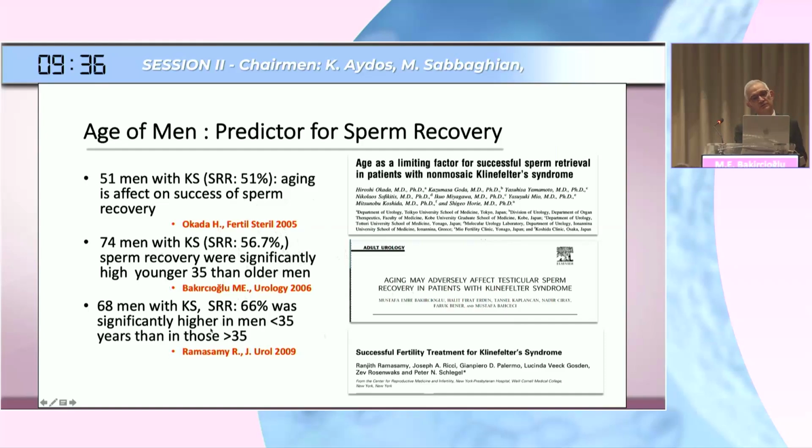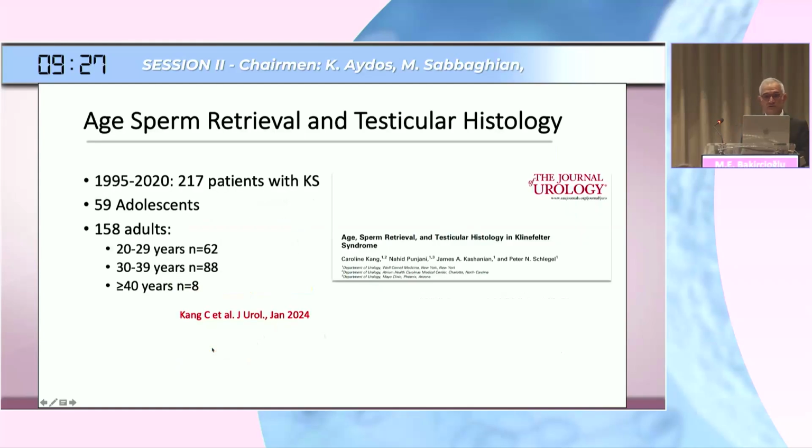And also Schlegel's group showed that aging is important in these single studies. Another recent study from Cornell University looked at their data from 1995 to 2020: 217 patients with Klinefelter's, and in this group 59 adolescents, and 158 adults.